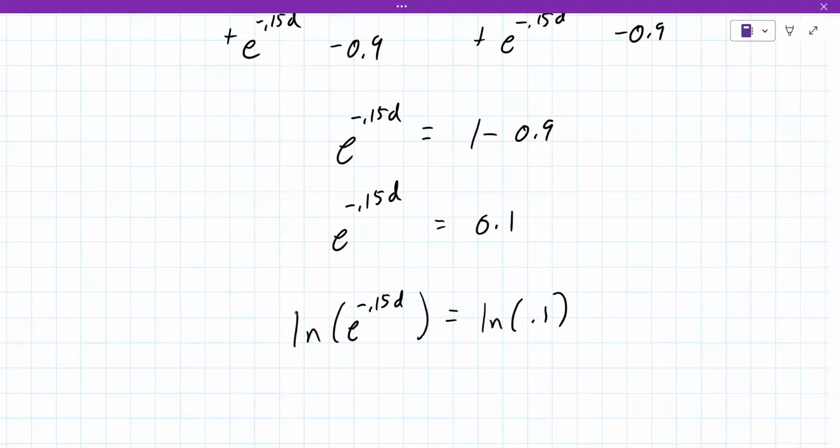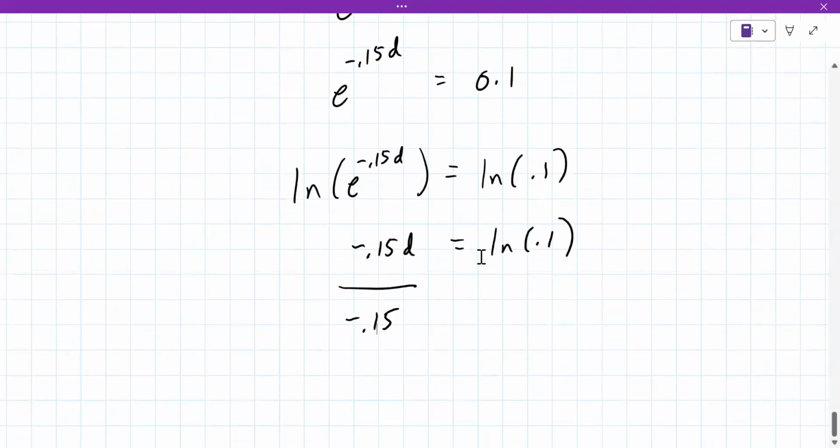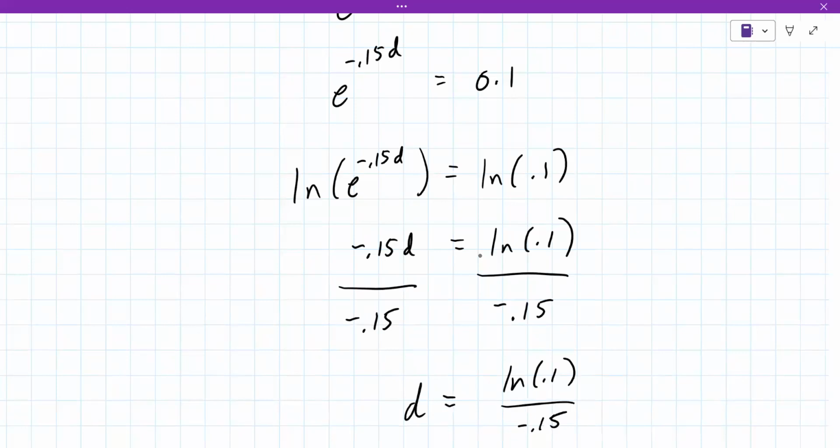Natural log undoes the e, so it just vanishes, and it's minus 0.15 d equals natural log of 0.1. We don't know what that is, so we're going to go to a calculator, but we do have to divide both sides by minus 0.15. So d equals this. Grab your calculator.